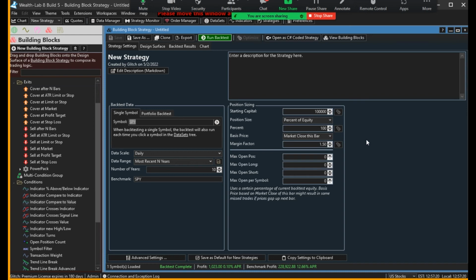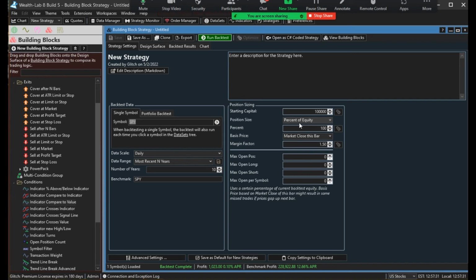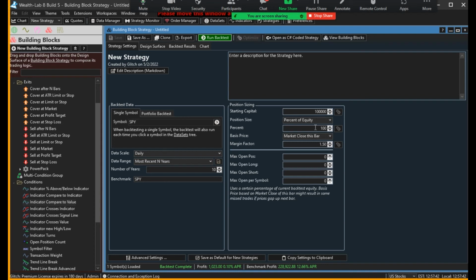If it's one that I'm trading, then I use fixed because I know what position size I want to put in on any trade. But if it's backtesting, then I always use percent of equity. So for now, since I'm testing on one symbol, I want every trade to basically take all of the capital. So I set it to 100.